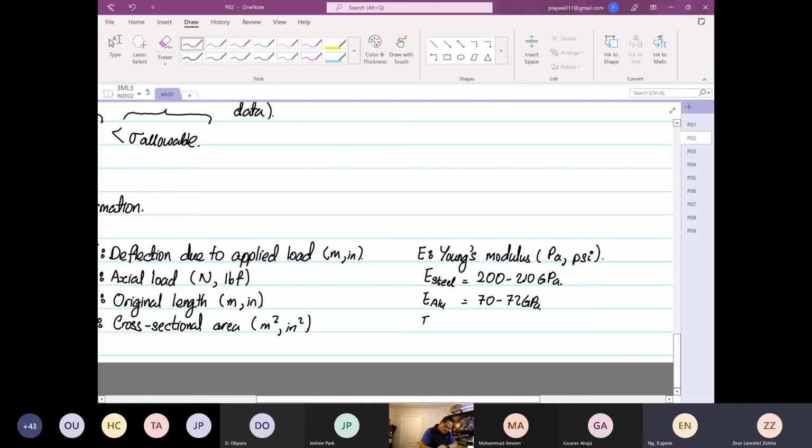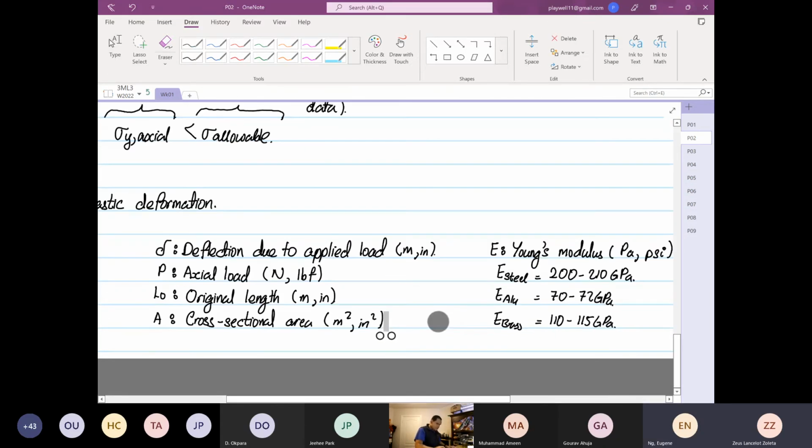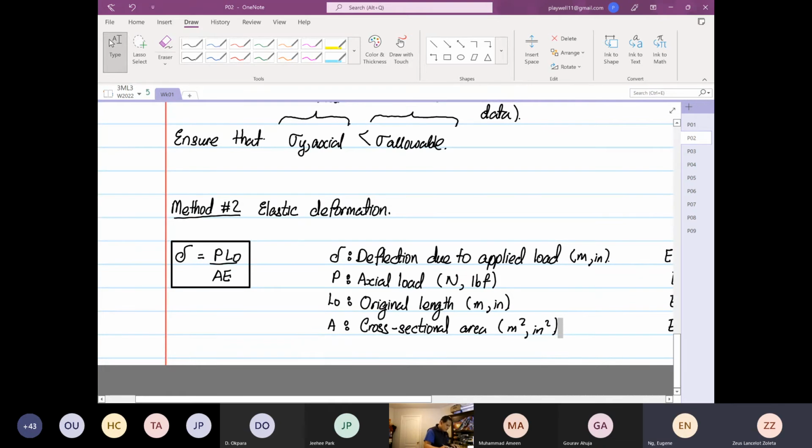Now, Young's modulus of brass, the three most commonly used materials, is about 110 to 115 gigapascal.